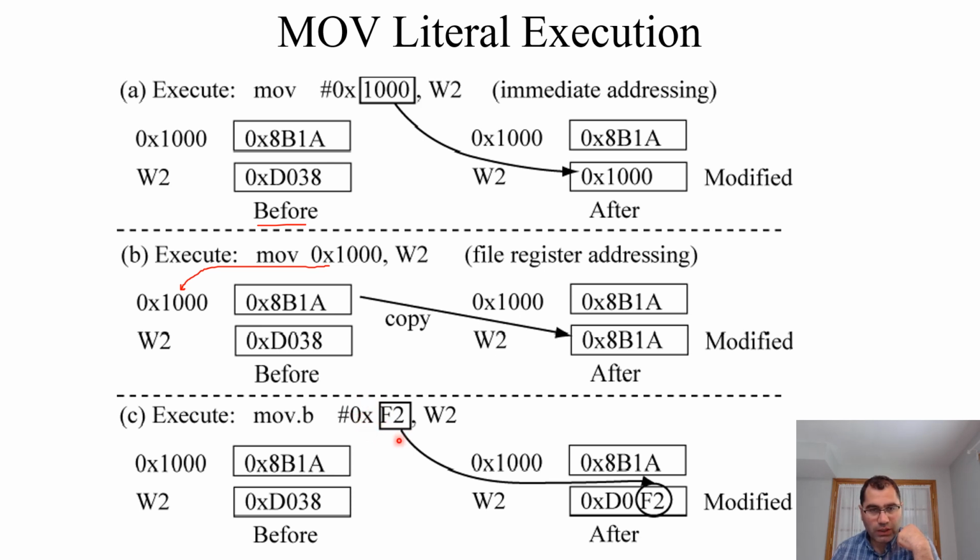It's a .b, so we will copy this value and put it into the least significant byte of W2. The only thing modified here is W2, and only the least significant byte of W2 is modified. Nothing else changed.